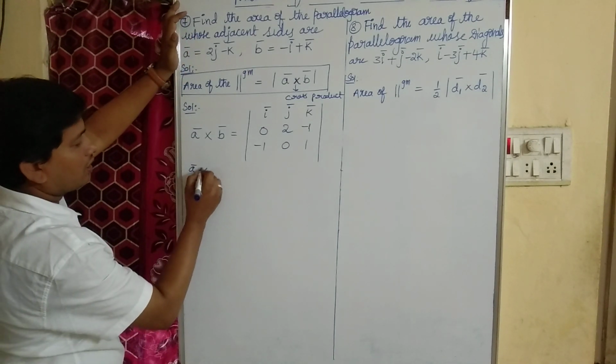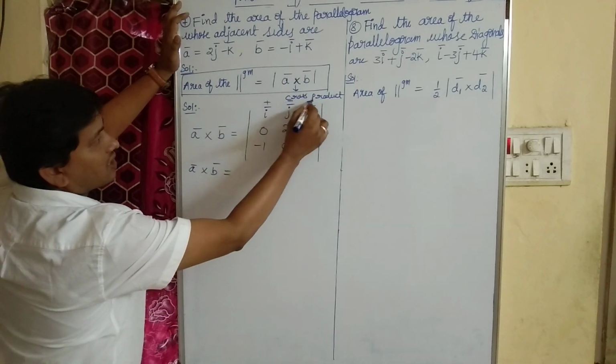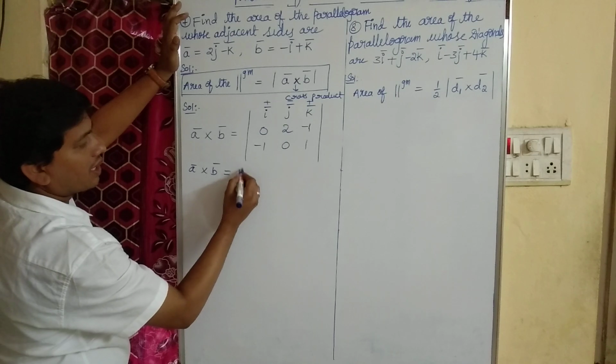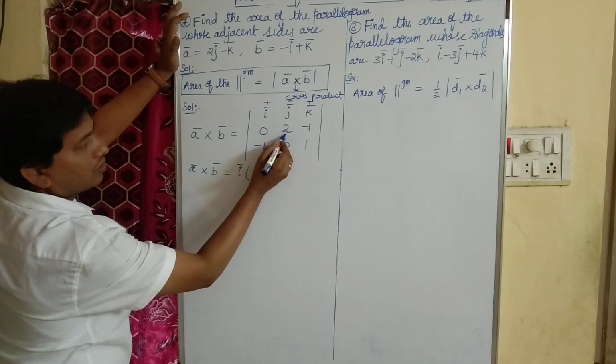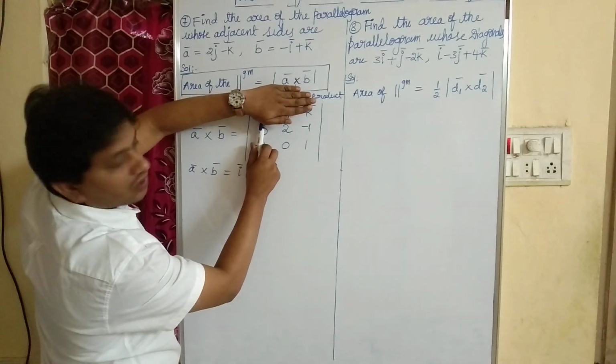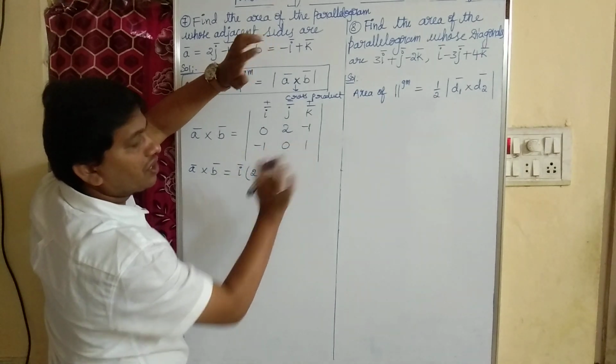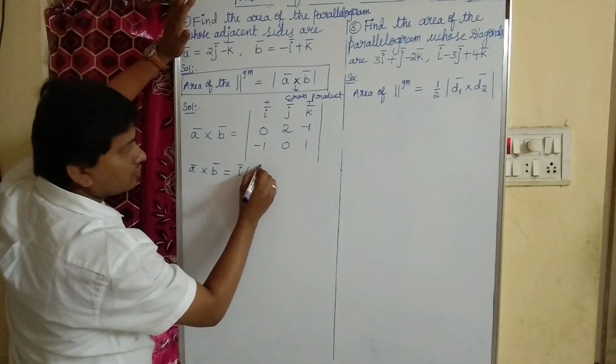So a bar cross b bar equals, this is plus minus plus, i bar into, leaving the corresponding row and column, 2 into 1 is 2, minus 0 into something, 0 only.